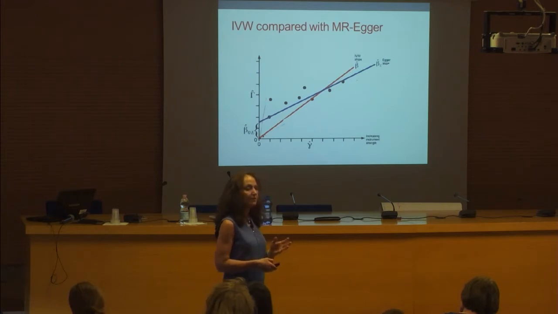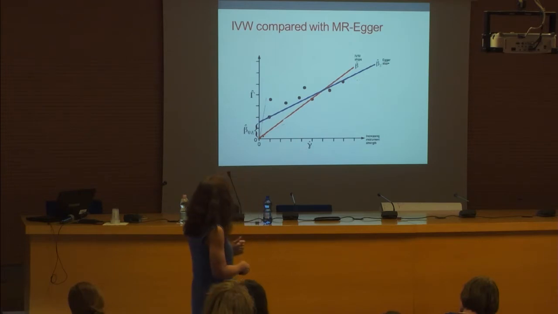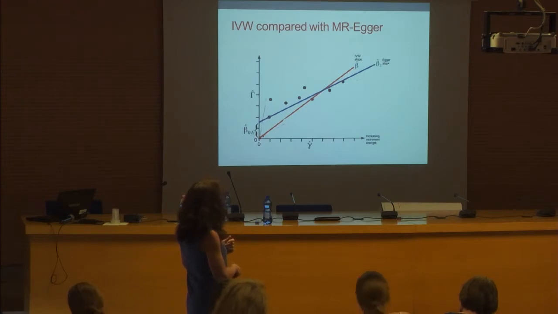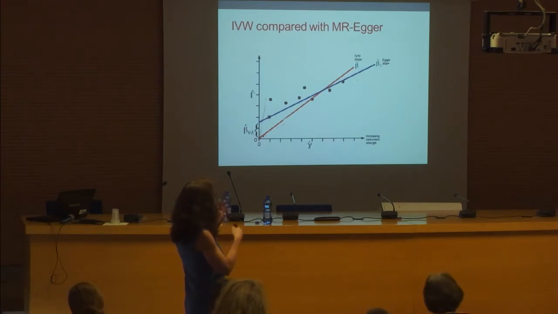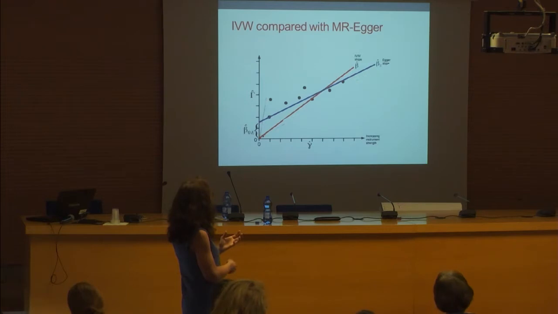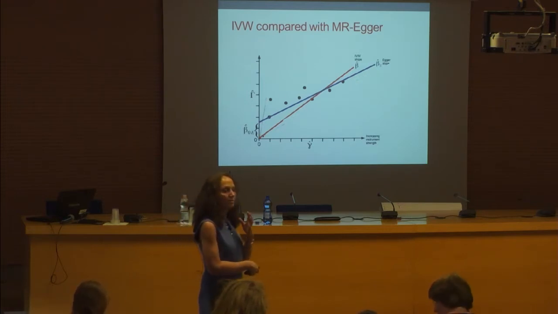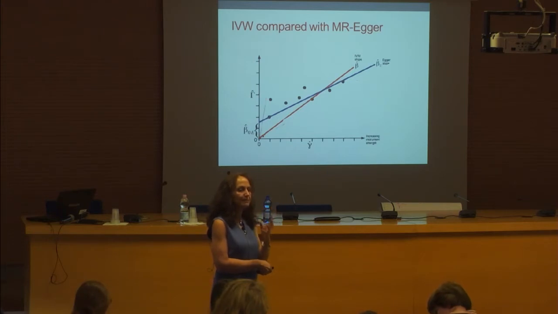The only thing it does different is not enforce it to go through zero, which is quite neat, because then what you have here is an intercept, which is the overall measure of any pleiotropic effects across individual independent SNPs in Mendelian randomization or randomized control trials.